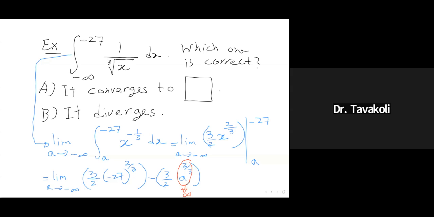And so this integral is not a convergent integral. It is divergent. Or to be more accurate, whatever the number in the first parenthesis is, this 3/2 times infinity is infinity, and there is a negative here, which makes it minus infinity. Since it's minus infinity, this integral is a divergent integral.